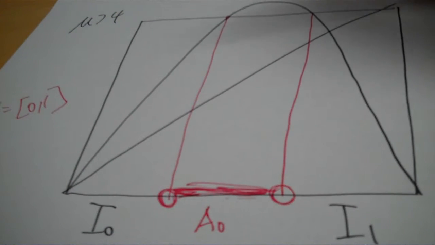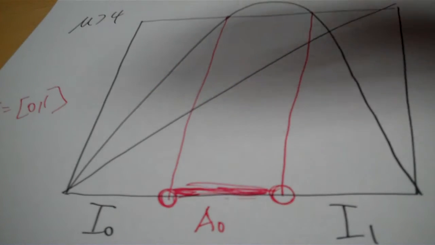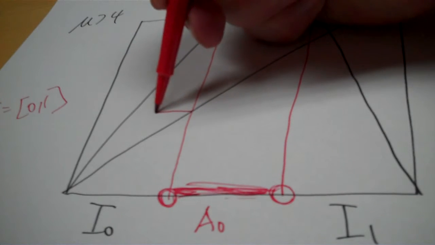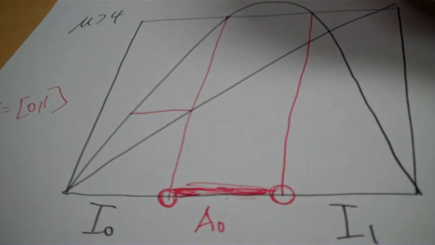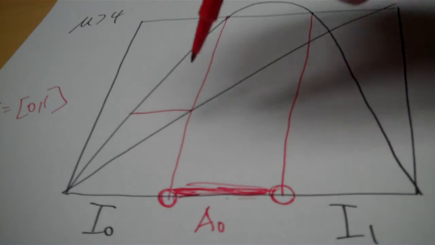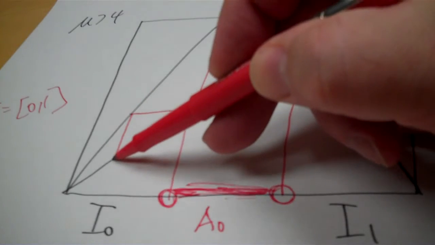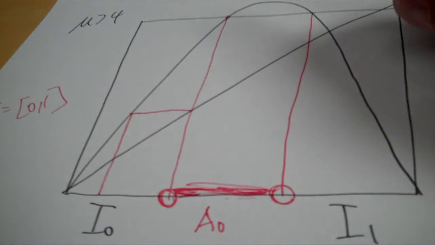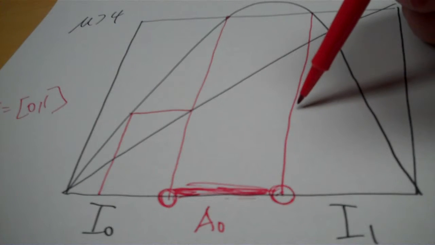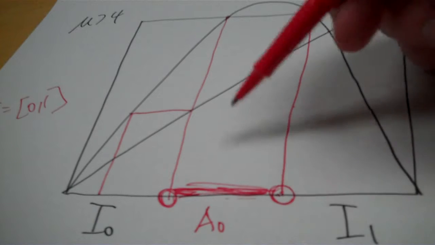So we're just going to build up this collection of intervals. And you can actually trace them backwards from the picture. If I undo my usual thing, I go horizontally to the curve, then I go vertically down to the axis. I go to the other edge here of this A0.